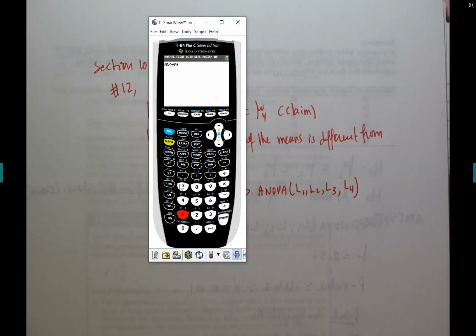Second and number 1, comma, second and number 2, comma, second and number 3, guys, comma, second and number 4, and then close parentheses, press enter, and here you go. So what's F? 0.56.